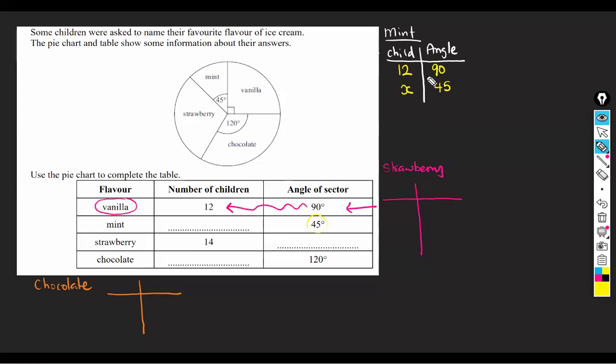So you just cross multiply. 90 by x is 90x, and 12 by 45 is 540. The 90 is a multiply, throw it across, you get a divide, divided by 90, and you get 6. So the answer here is 6.